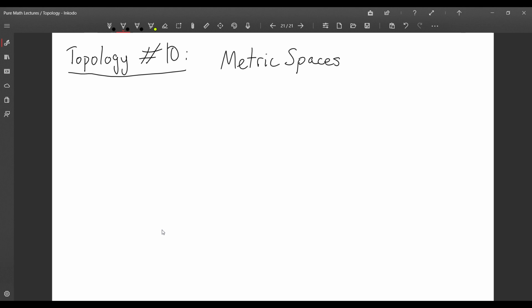Now, my only hesitation with this lecture is that we're going to be relying on pre-existing knowledge of the real numbers and some basic facts about the real numbers, nothing too crazy and nothing that would involve topology to begin with.